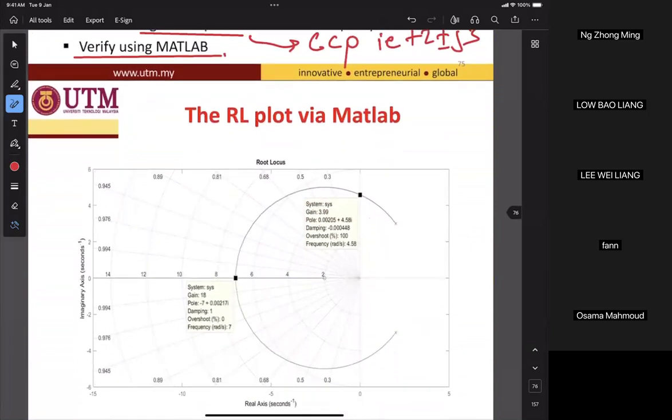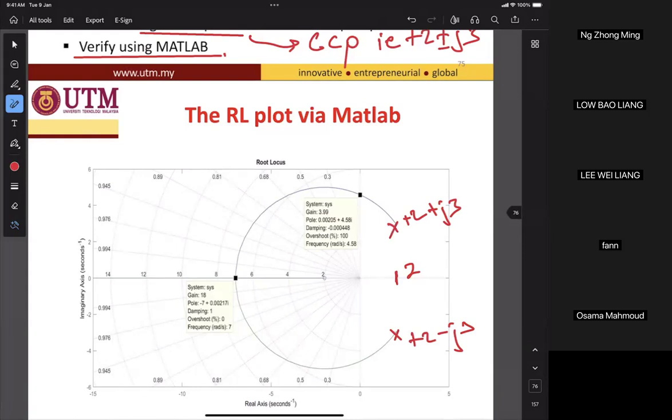Right, so this is the plot. Plus j3 and minus j3 are complex conjugate poles, but on the right hand side.